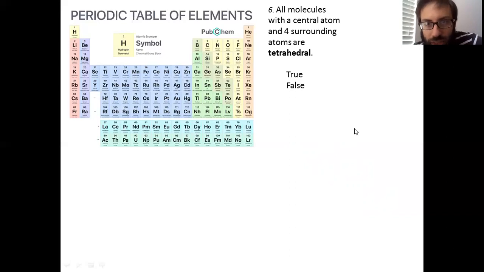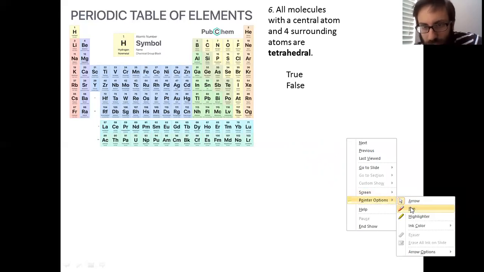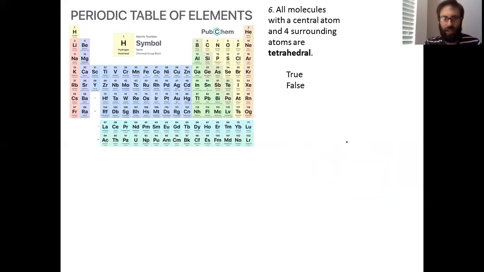Number 6: all molecules with a central atom and 4 surrounding atoms are tetrahedral. Let's think of some examples, and that might be the best way to go about this. Maybe methane.